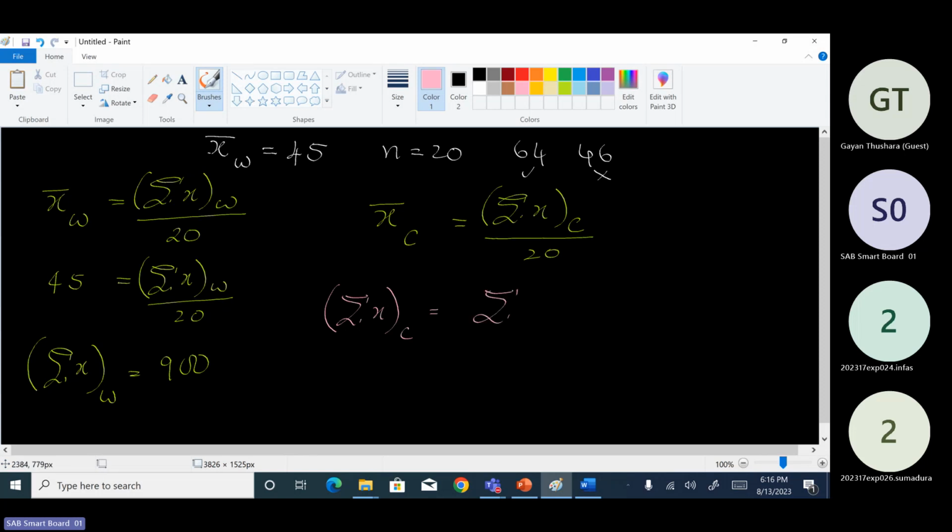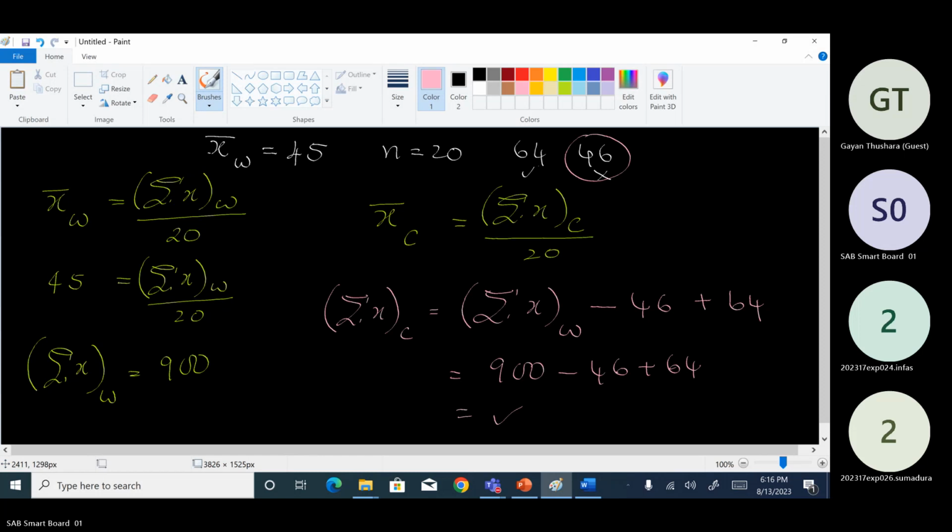From the wrong sum, we remove the wrongly entered value and add the correct value. Then we get the correct sum. So the wrong sum, already found as 900, minus 46 plus 64. Now you can get this value. After getting this value, it's just a matter of plugging in to get the correct mean.